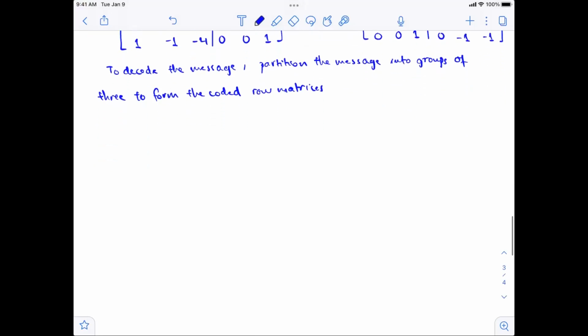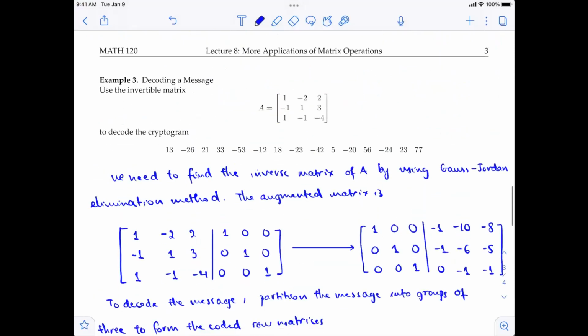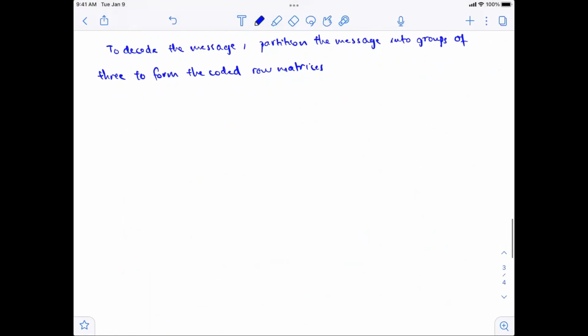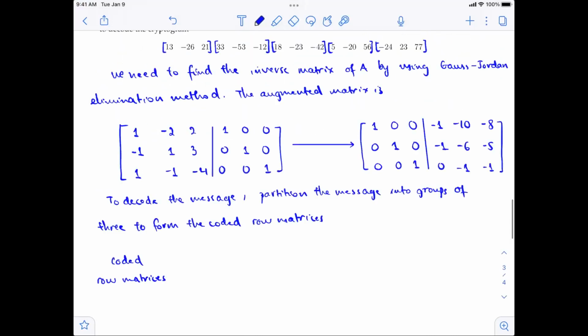Okay, so this is the cryptogram that you receive, right? So we're going to break it into groups of 3, like this. Okay, and so let me write those over. So again, what we have is coded row matrices, right?